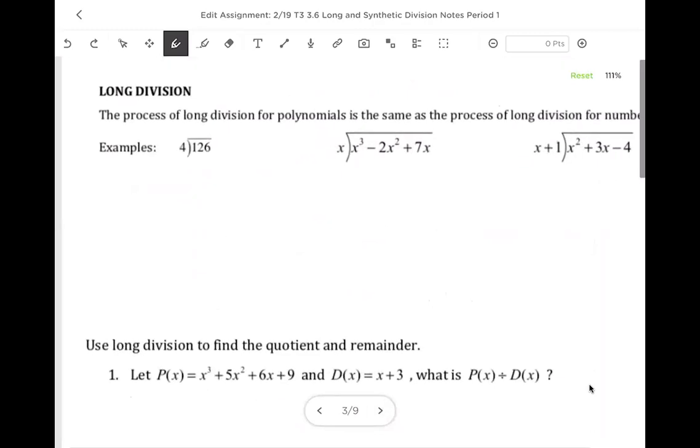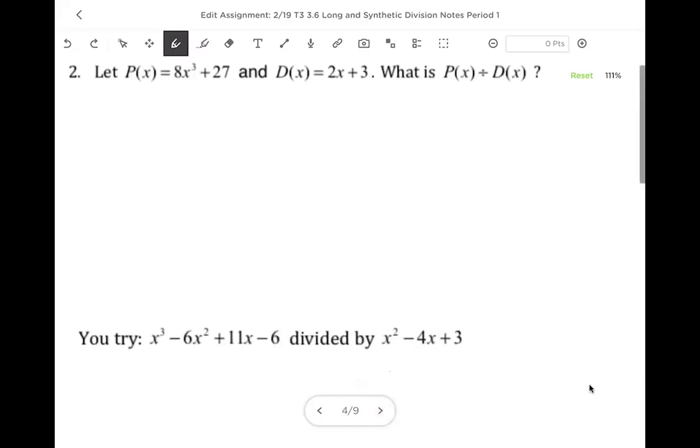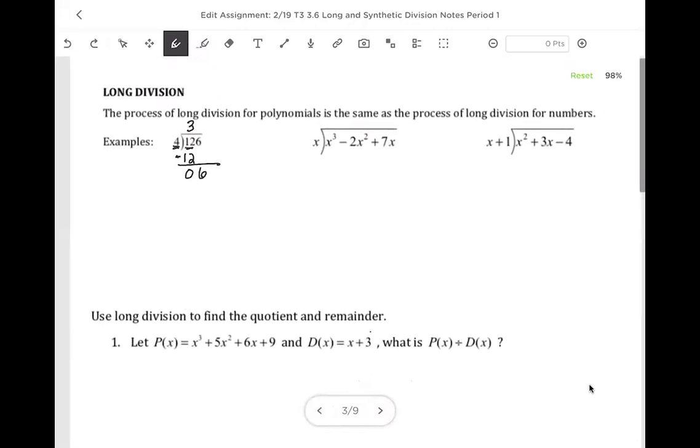So in that first example, 4 divides into 126. 4 divides into 12 3 times. 3 times 4 is 12, and then you subtract. Then you bring down the 6. Hopefully this looks familiar. 4 divides into 6 1 time. 1 times 4 is 4.